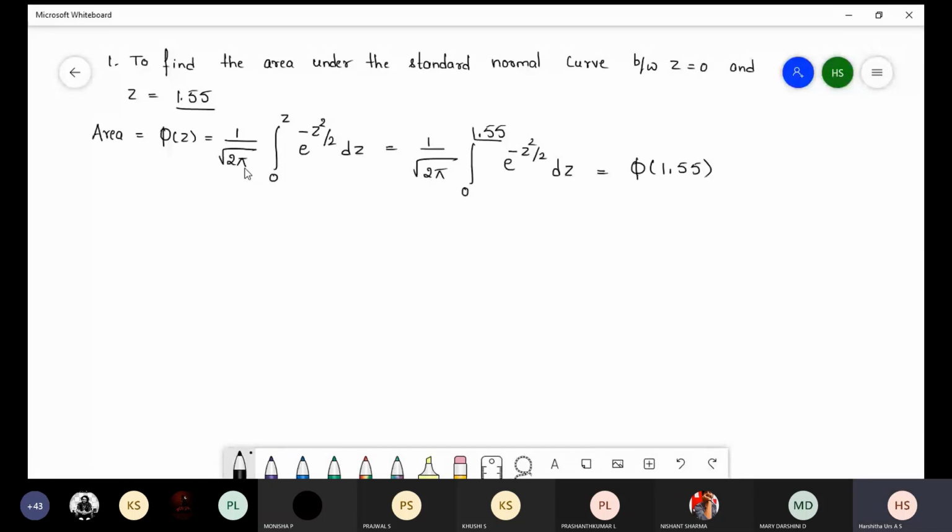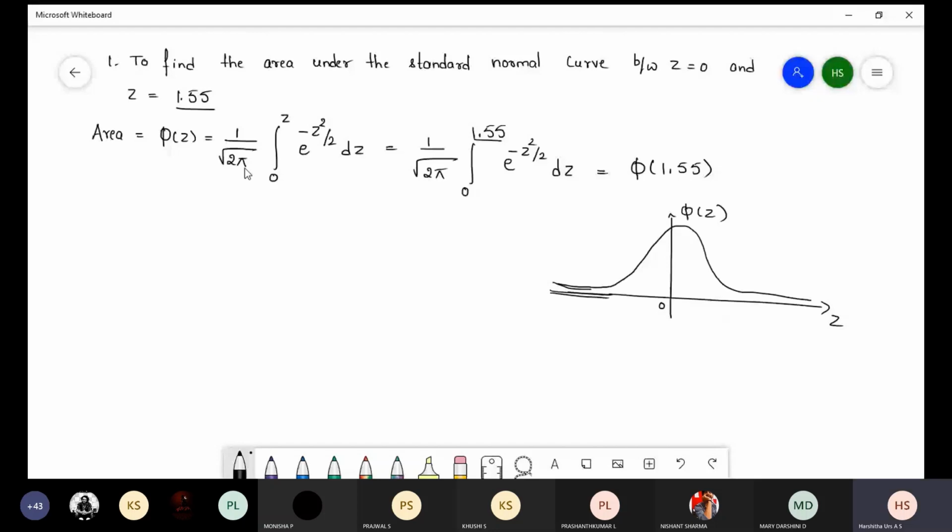So z value we have here, phi of 1.55. So we have to draw a graph here, not for all, only wherever they ask to find out the area. So this is our graph. Here I write z and this one as phi of z. Our curve will come like this, the standard normal curve.